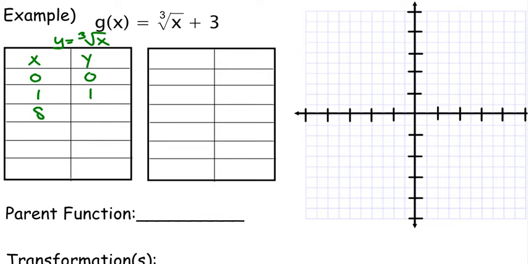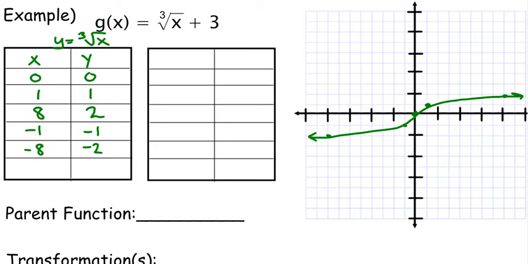When we substitute 8, the cube root of 8 is 2. And then -1, -8: the cube root of -1 is -1, and the cube root of -8 is -2. So I'm just going to go ahead and graph that quickly. All right, so there's our coordinates graphed out.